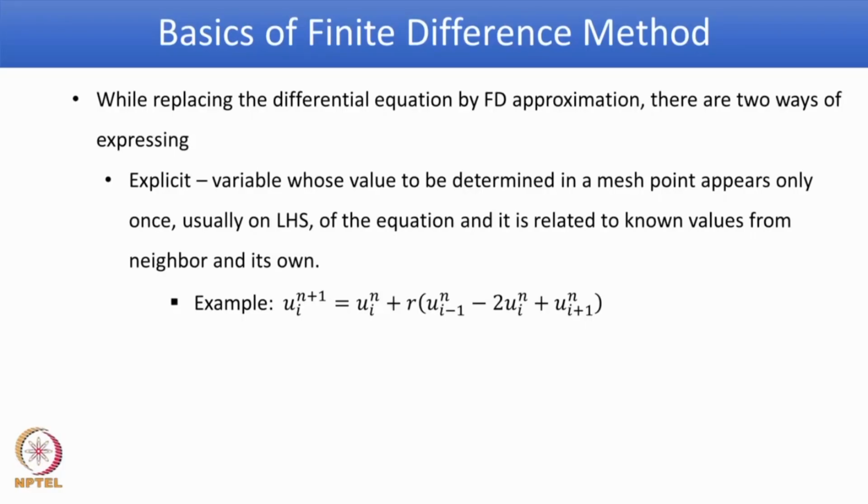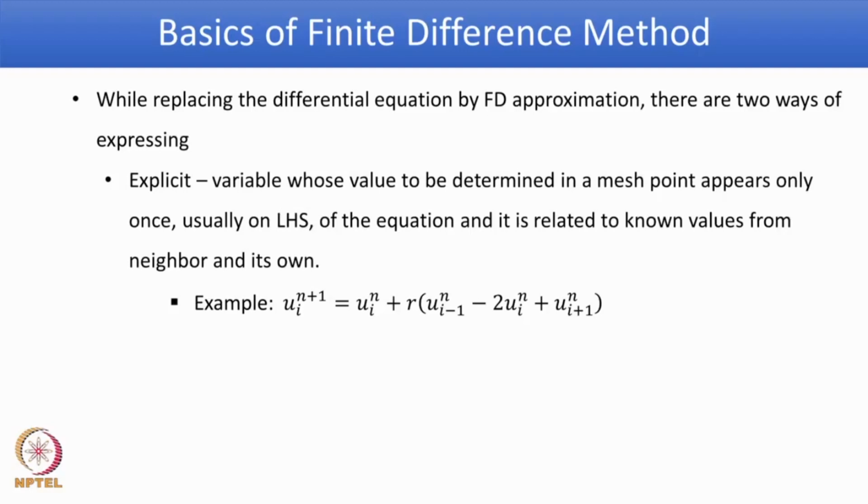A variable whose value is to be determined at each mesh point appears only once in the equation, depending on what scheme you are following. Usually it is on the left hand side in the first step, then it is moved to the right hand side in the subsequent simplification step, and the variable whose value is to be determined is always on the left hand side. All other quantities are moved to the right hand side.